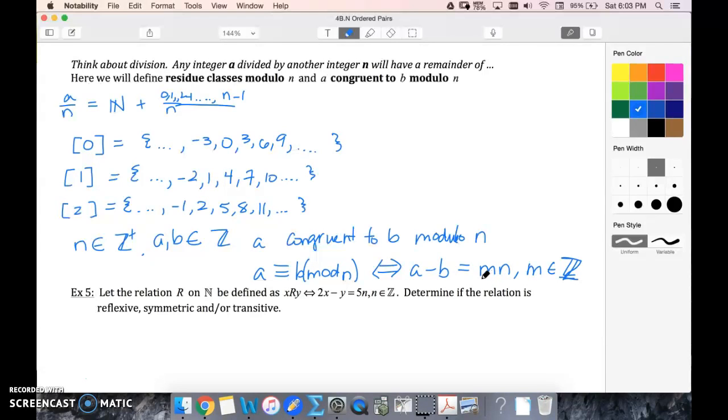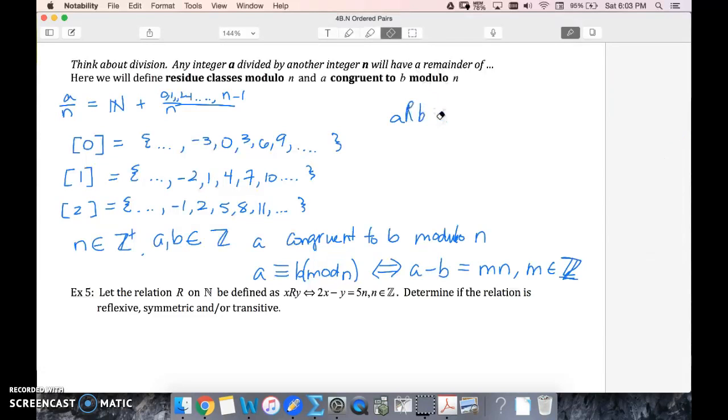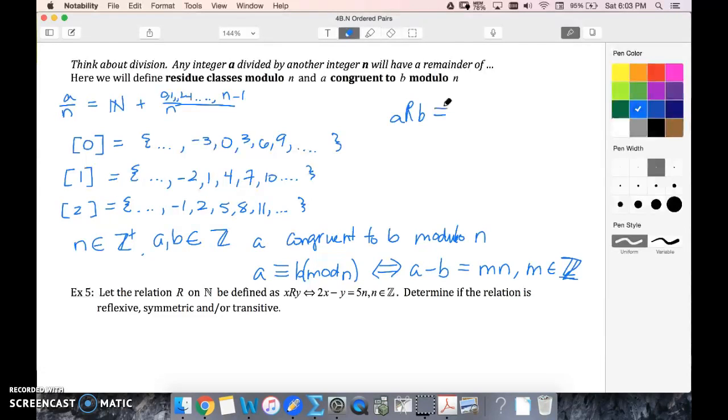And any relation, if we have a relation A R B such that A is congruent to B mod n, then this is going to be an equivalence relation. Think back to our definition of equivalence relation. Why is that going to be true?